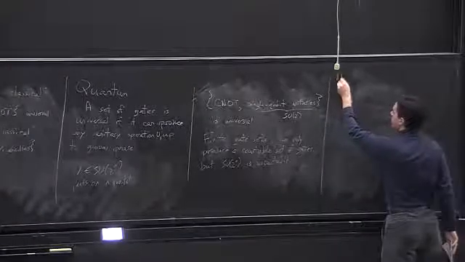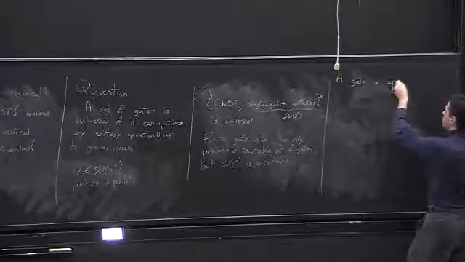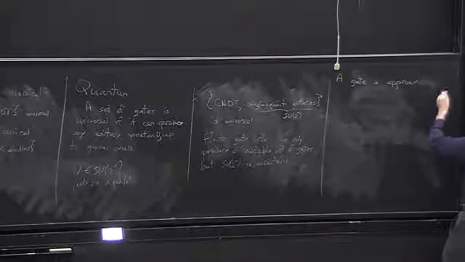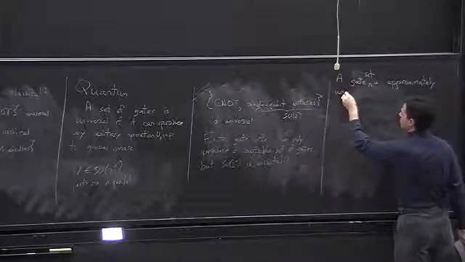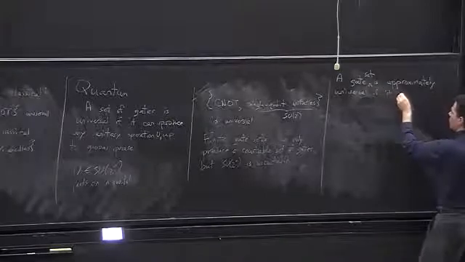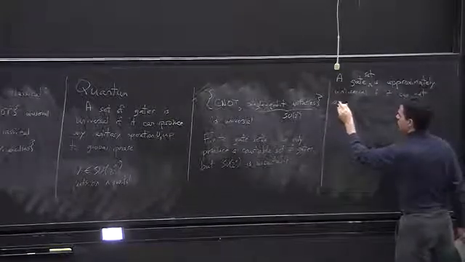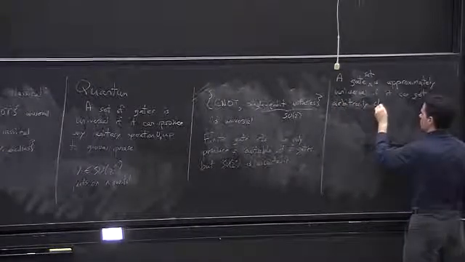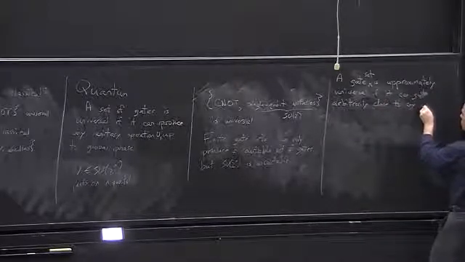So let's say a gate set is approximately universal if it can get arbitrarily close to any unitary.